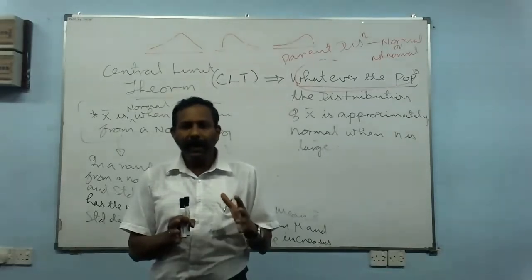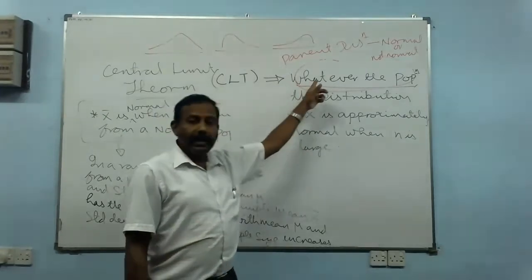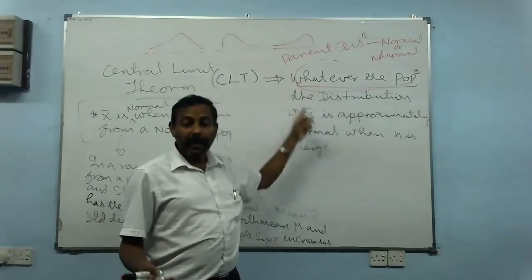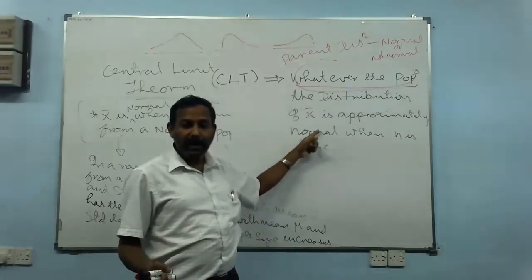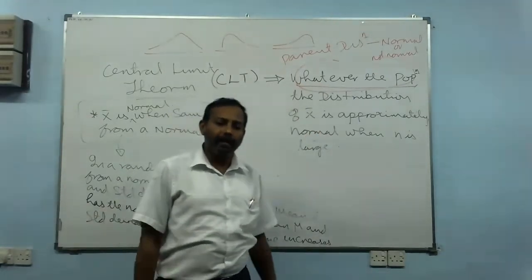Because of that, what the central limit theorem says is that the parent distribution can be normal or not normal, it doesn't matter. But for the daughter distribution to be a normal distribution, we have to have a large number of samples.